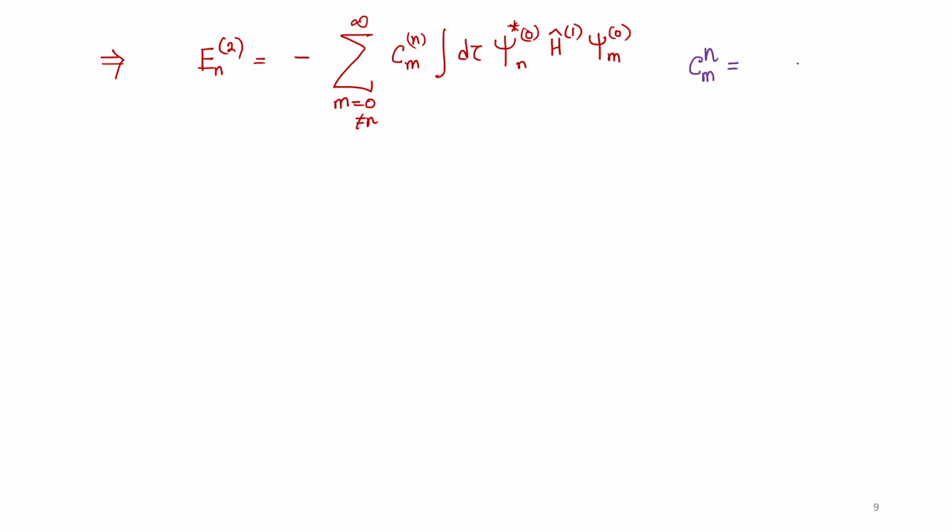What is this value? c_mn is E_n zeroth minus E_m zeroth, and at the top there is d tau psi m zeroth star psi n zeroth, right?